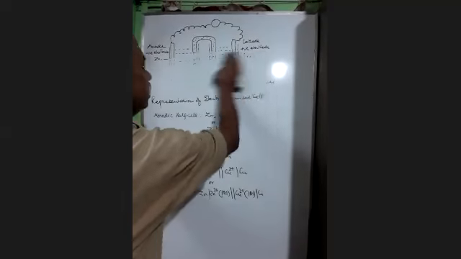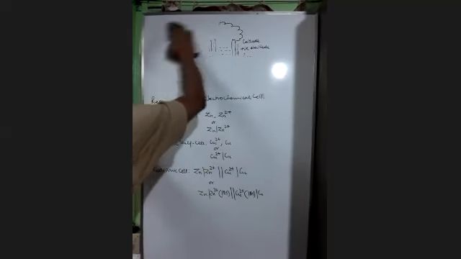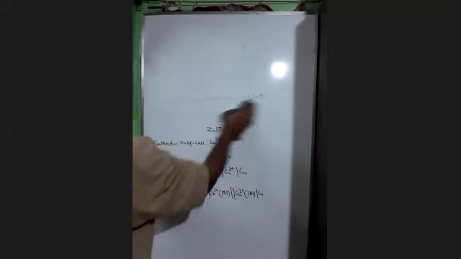But in your book, they may ask you to represent some other galvanic cell. So an example of another galvanic cell. Say it is the copper silver nitrate cell.